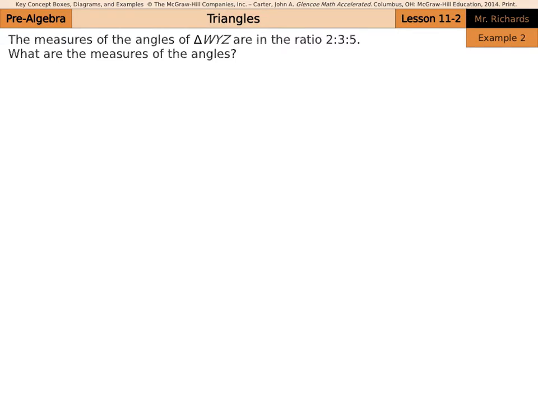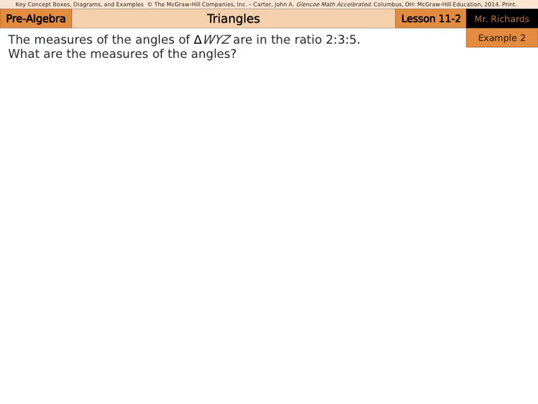In our next type of example, we can find missing angles using ratios. So the measures of the angles of triangle WYZ are in the ratio 2 to 3 to 5. What are the measures of the angles?